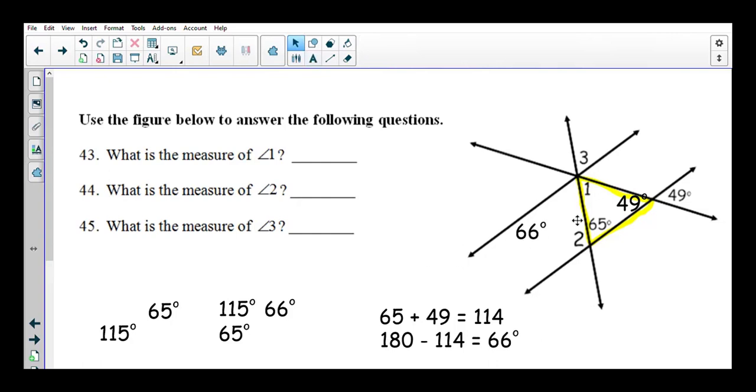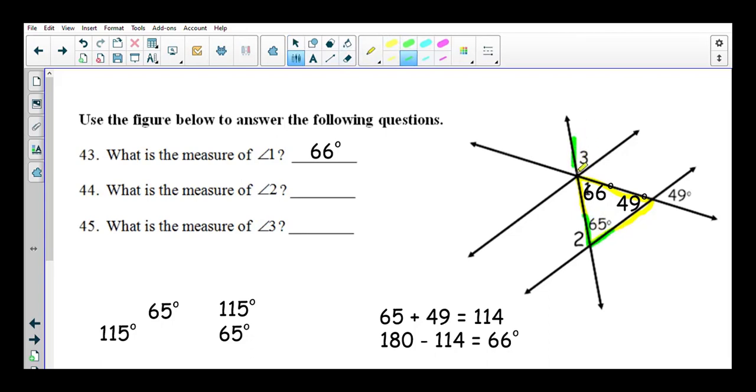Again, it just takes a little bit of finagling there, but this guy's going to be 66 degrees, and I can fill that in over here. So again, add the two that were given, 65 and 49, they add to 114. Subtract from 180, and the measure of angle 1 is 66 degrees. Now, from here, things get to be a little bit more complicated. If you can imagine taking this transversal out, which I can't actually physically do, but I've got this angle in green right here that's 65 degrees.